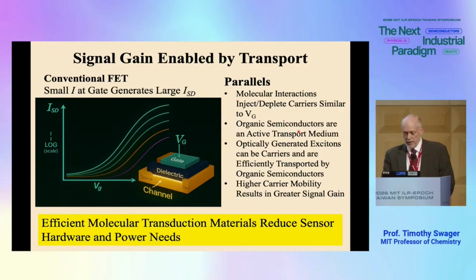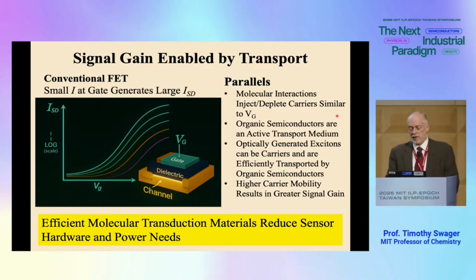I'm going to use organic semiconductive materials, so I'm going to focus on soft materials here today. These are things that we know how to interact with chemically, and they can be responsive.